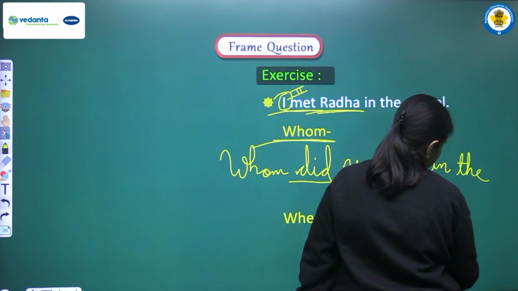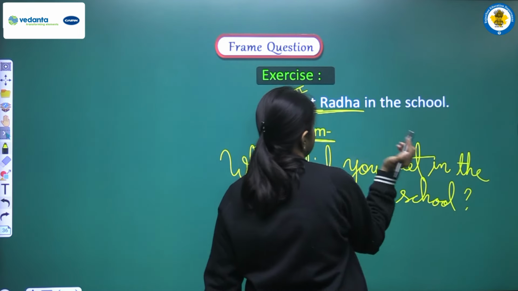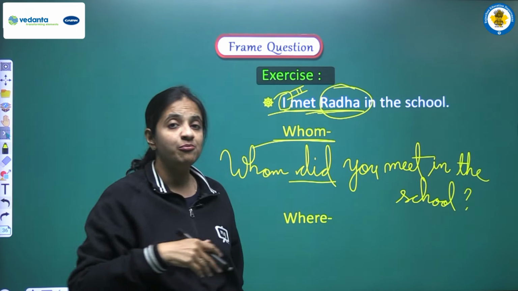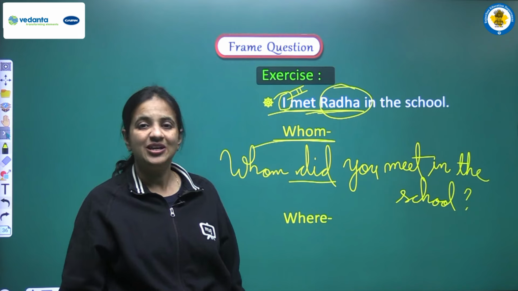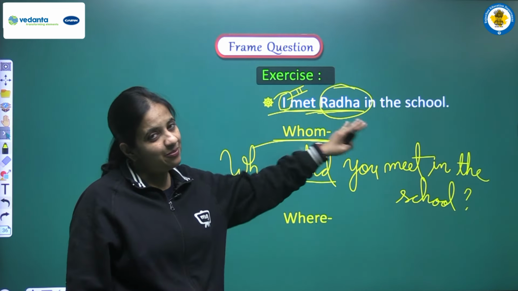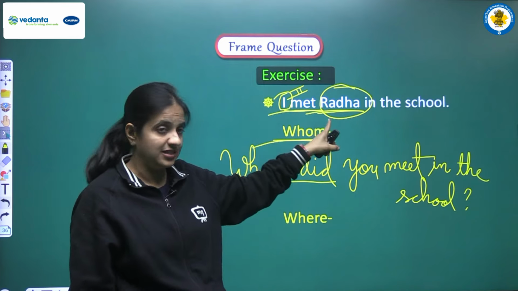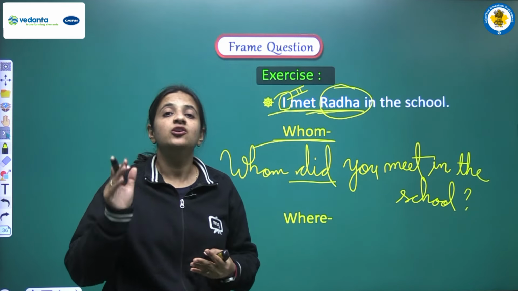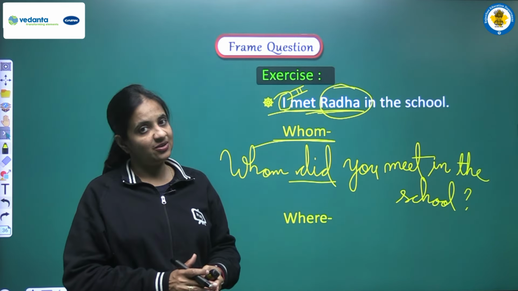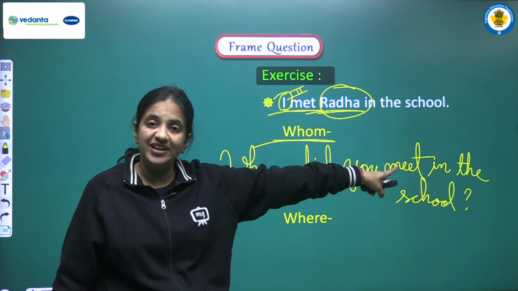And yes, a question mark at the end of the sentence, and the answer is Radha. I met Radha in the school. Okay, so in this way, step by step you can make a perfect question for the given answer statement. Just remember to use the same tense. Just remember to change the pronoun accordingly.